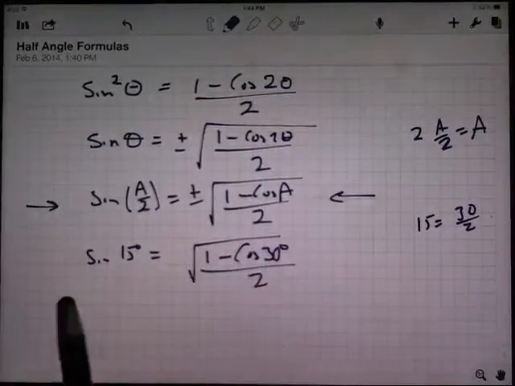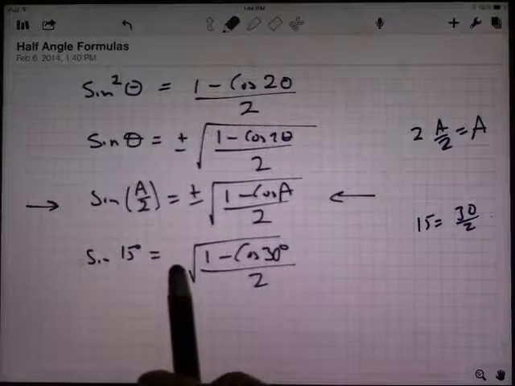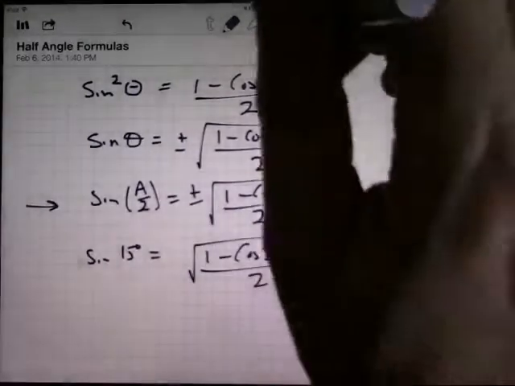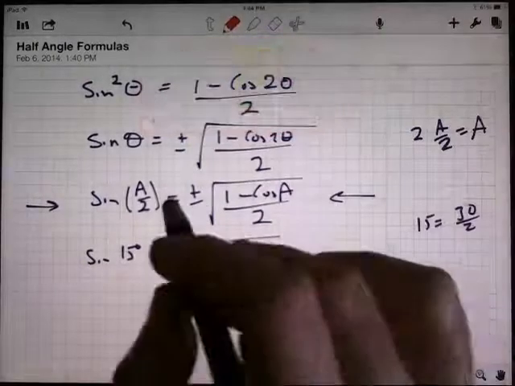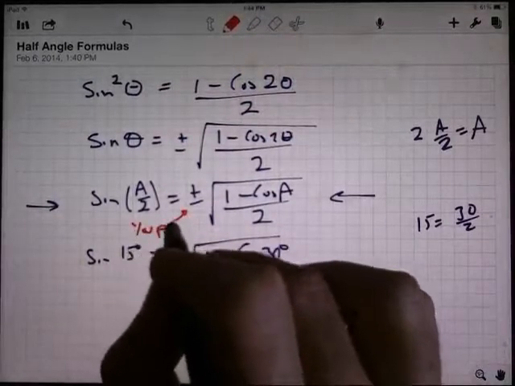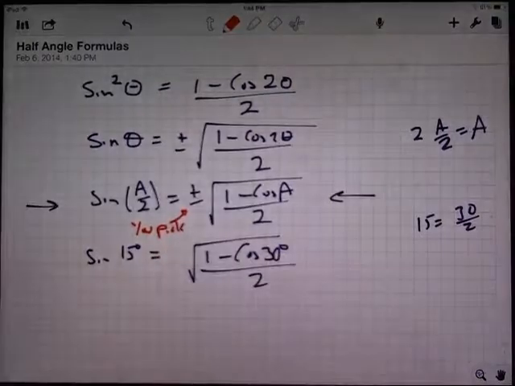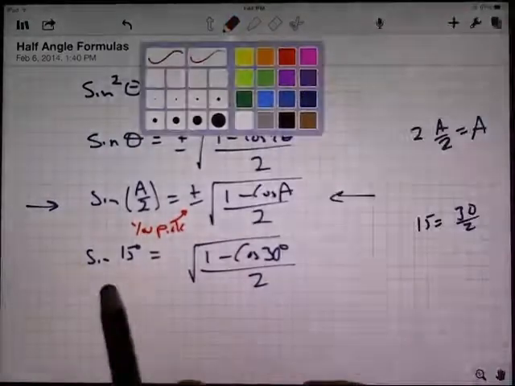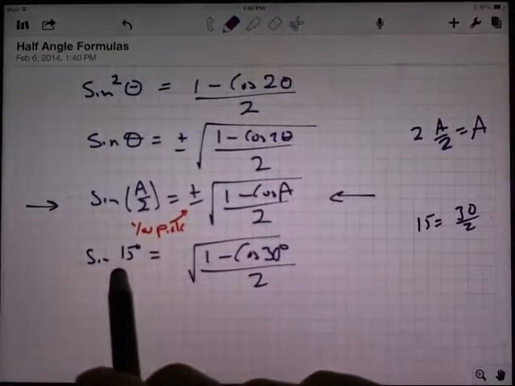Now notice, I didn't put the plus or minus out in front. I should point this out very, very emphatically, that you have to pick. It's not plus and minus. It's plus or minus. It's one or the other, and you've got to decide depending on the angle. Well, 15 degrees is a first quadrant angle.